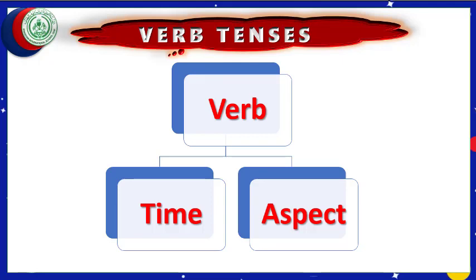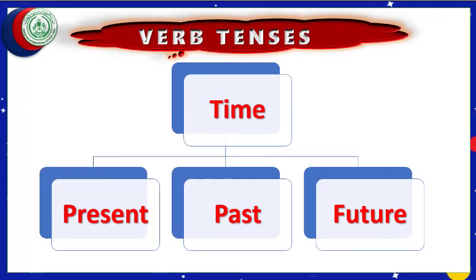Let us try to understand what is the time of the verb and aspect of the verb. When we say time of the verb, it means present, past, or future. There are three times. Time can be present, it can be past, it can be future.